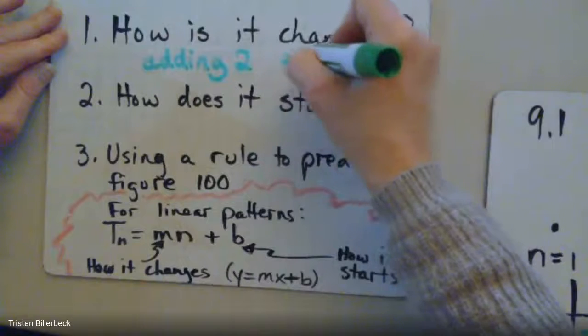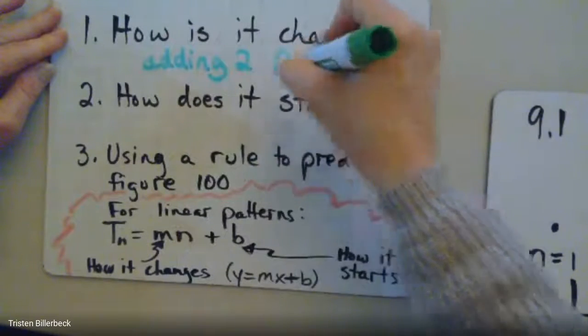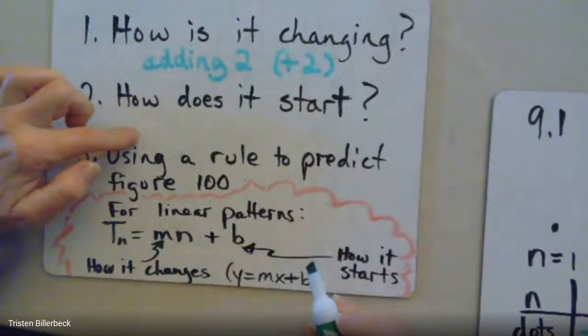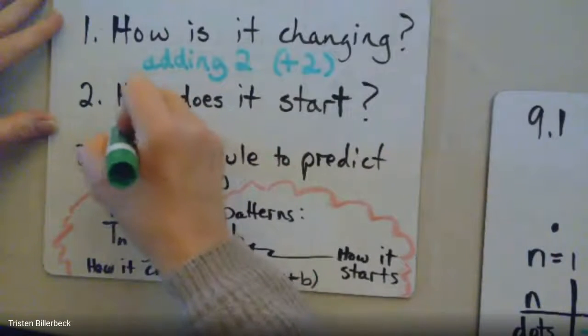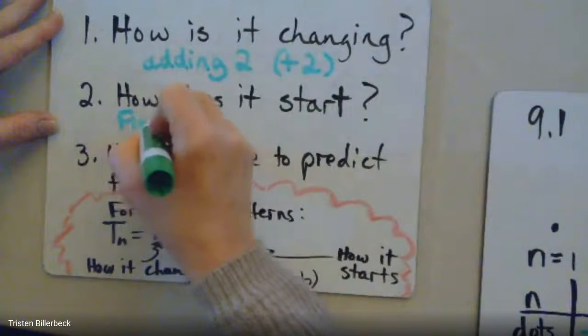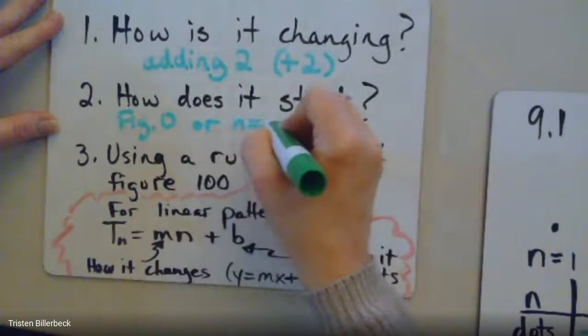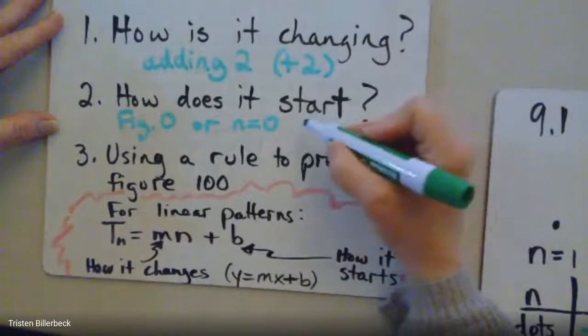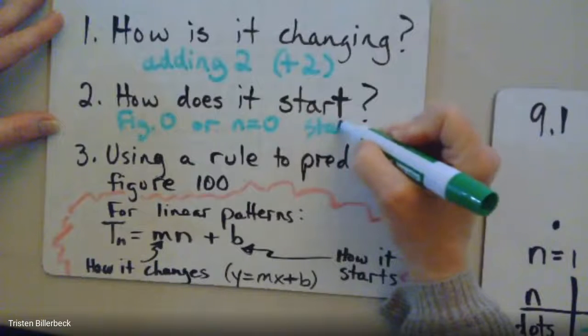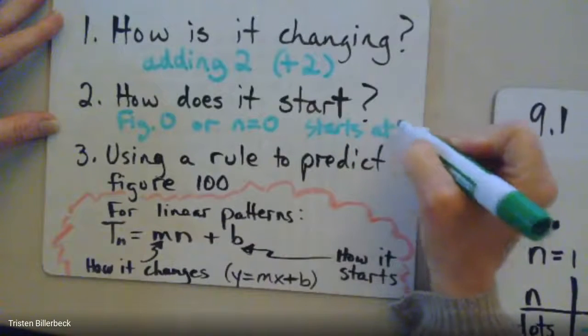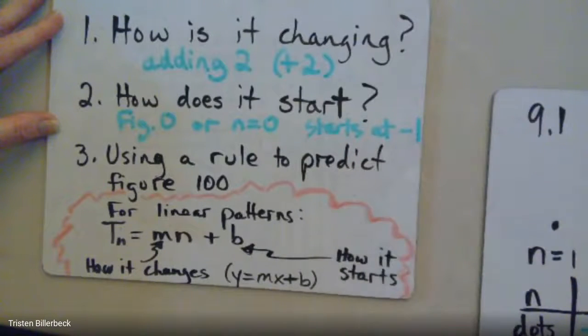So plus 2. How does it start? Well, that's figure 0, or when n equals 0. So it starts at -1. Now that's very important.